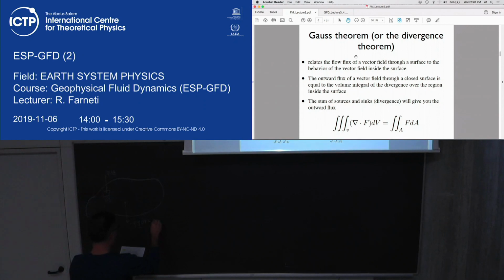We can call this rho F, where F is a body force integrated over the volume. So rho F is my body force per unit volume. P is the surface force per unit area, as before, and the surface force vector is P dA, which gives you the direction of the force.